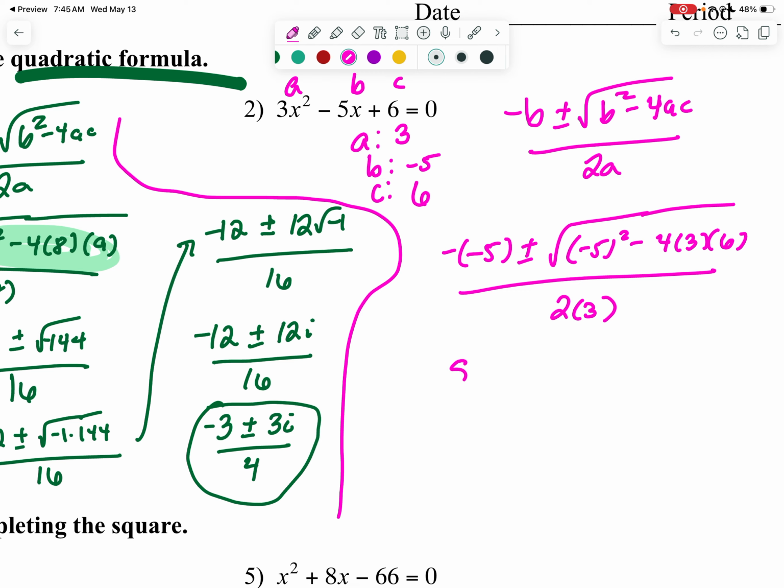So then we get 5 plus or minus, and then remember, I'm just going to put that into the calculator. So that's going to be 5 squared minus 4 times 3 times 6. So that is going to be negative 47 over 6.